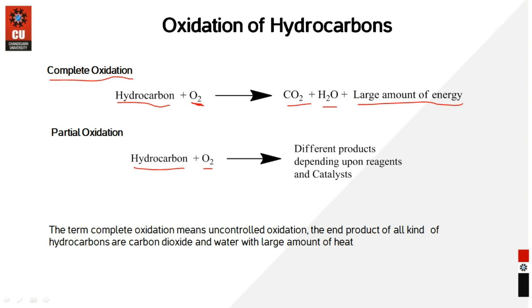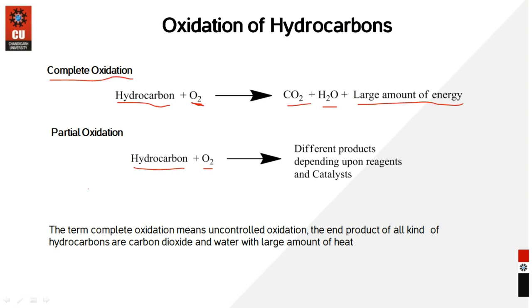So next is partial oxidation. Partial oxidation means where you have provided a limited amount of oxygen, not an excess amount. So depending upon the amount of oxygen we are providing, we get different products, and the formation of the product will also depend upon which catalyst or which reagents we are going to use, right?